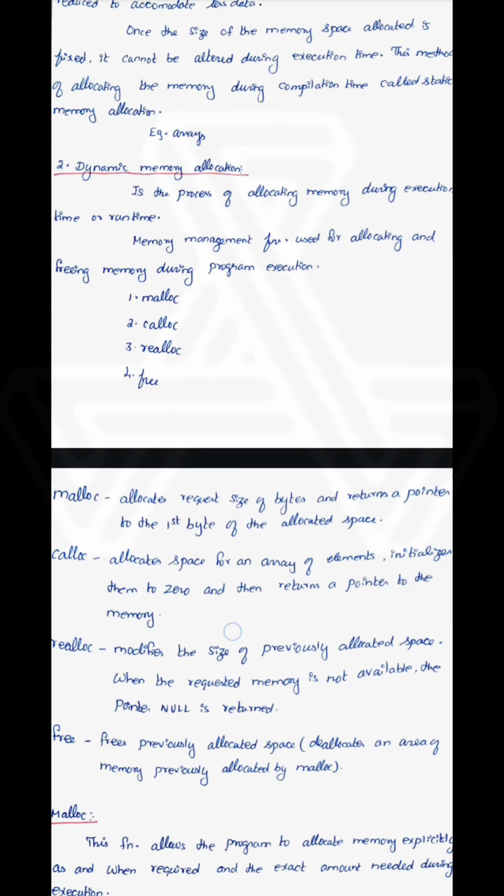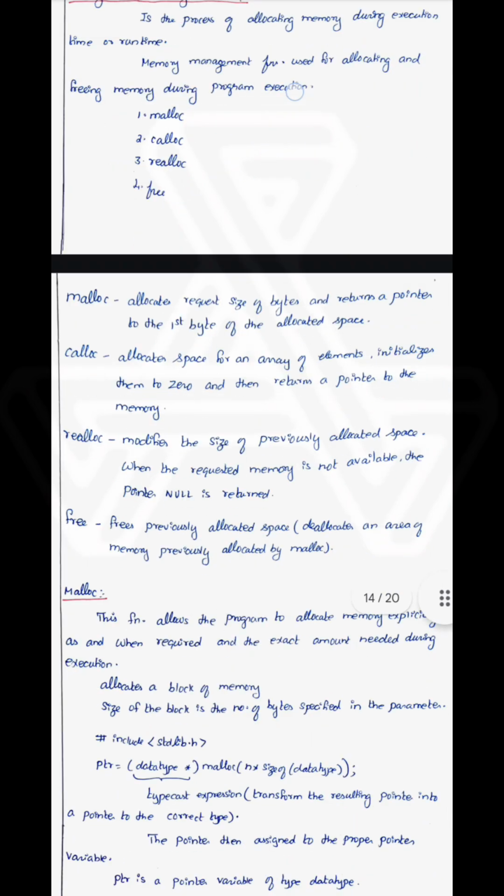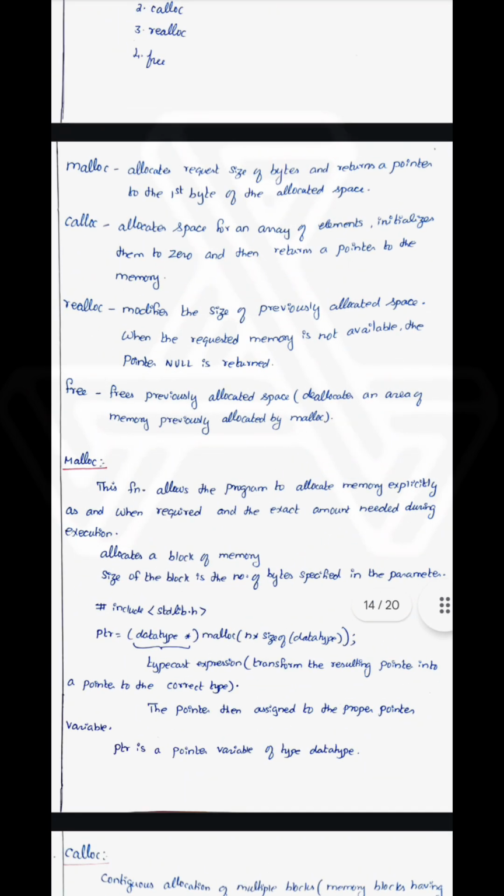Dynamic memory allocation is the process of allocating memory during the execution time or runtime. The memory management functions used for allocating and freeing memory during program execution are malloc, calloc, realloc, and free. Malloc allocates a requested size of bytes and returns a pointer to the first byte of the allocated space.